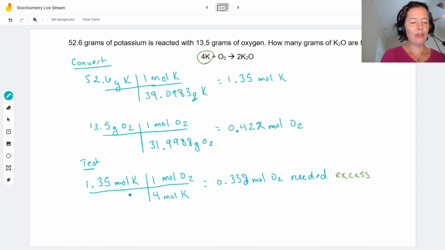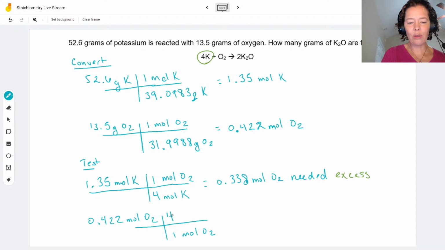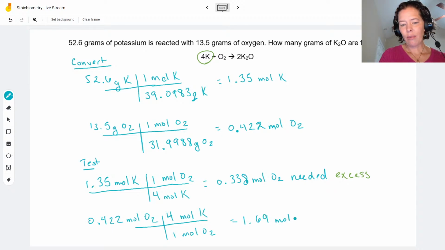So this time, instead of starting with my moles of potassium, I'm going to start with my moles of oxygen. And so now my 1 mole of oxygen is in the denominator. I'm converting to moles of potassium. And this is going to give me 1.69 moles of potassium.